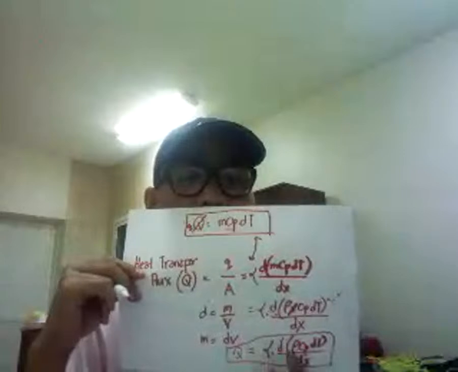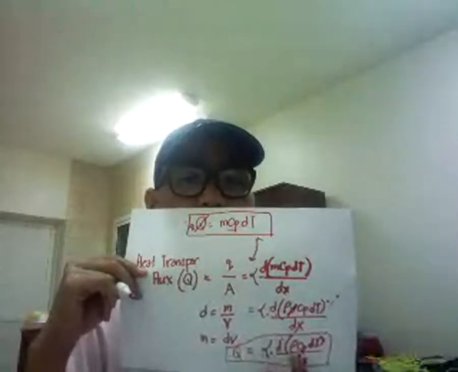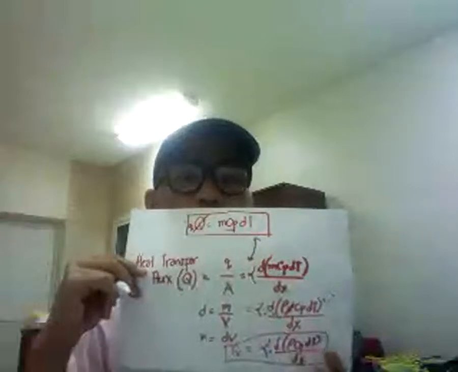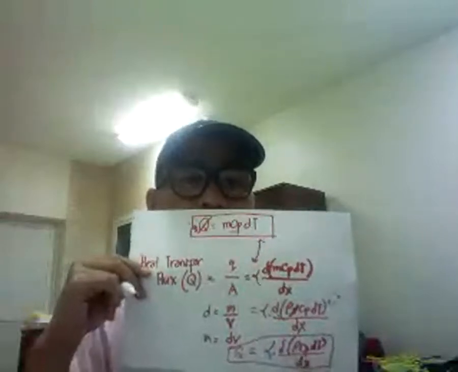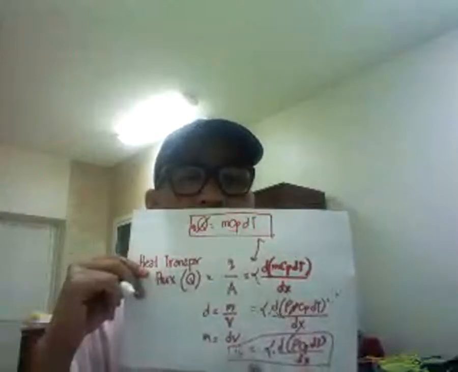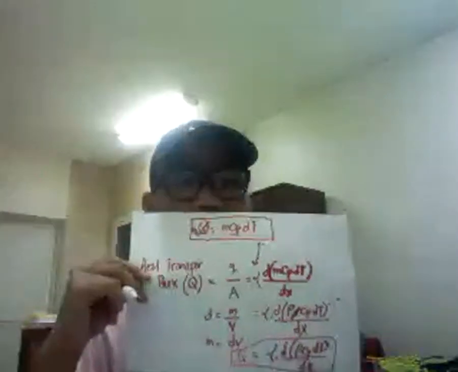Diffusivity times d rho density times Cp times delta change of temperature, final temperature minus initial temperature, over dx horizontal position. Something like that. Now we have the heat transfer equation already for this.